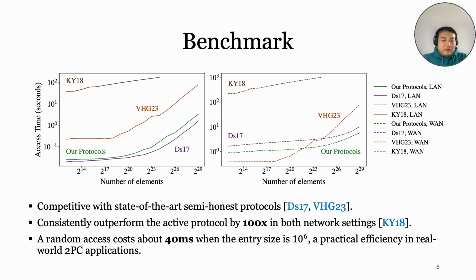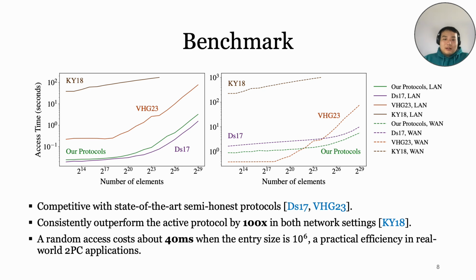And we can see that, first, our protocol is competitive with both semi-honest protocols DI17 and VHG23 in both network settings. And our protocol consistently outperforms KY18 by at least 2 orders of magnitude in both LAN and WAN network settings.